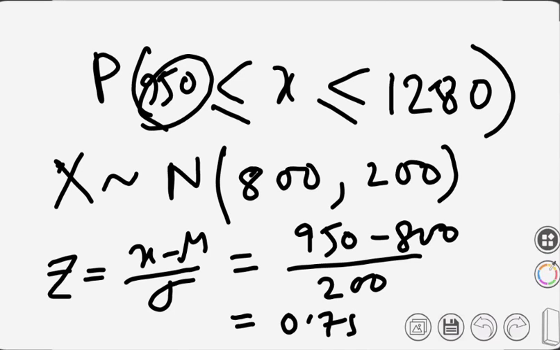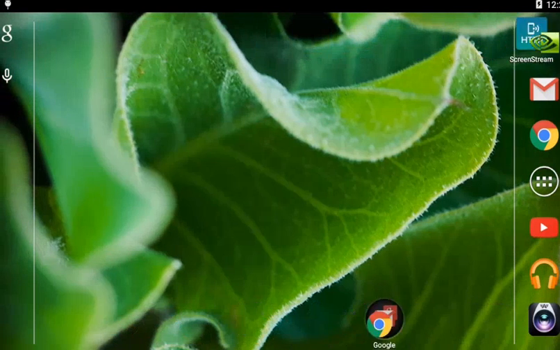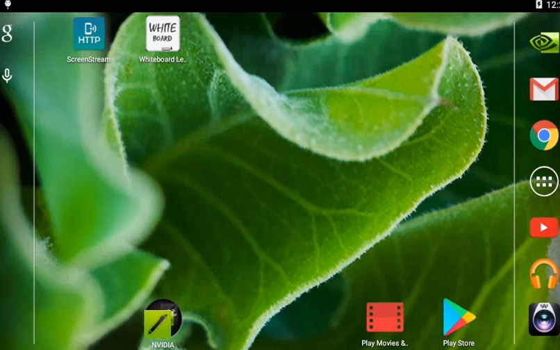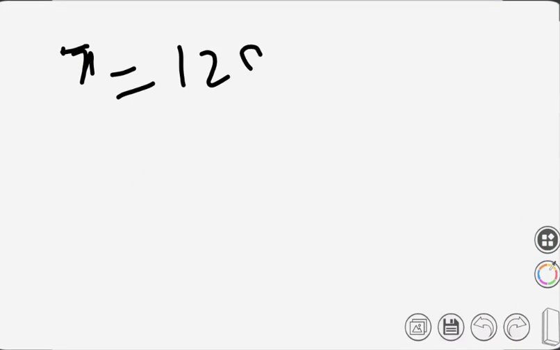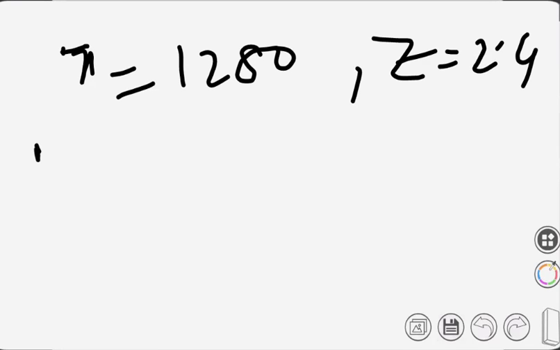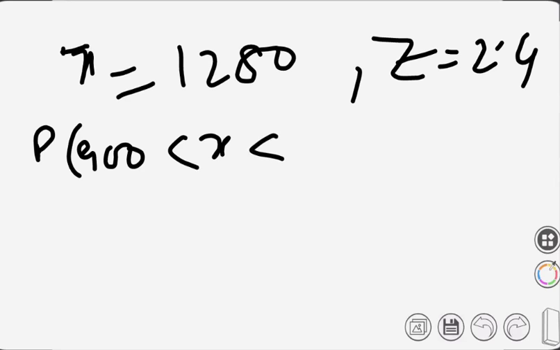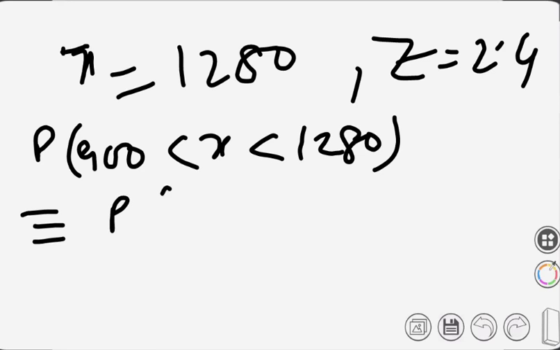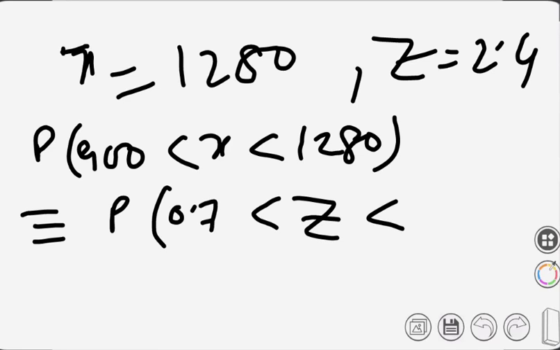And for X equals 1280, Z comes as 2.4. So probability X lies between 950 and 1280 is equivalent to probability Z lies between 0.75 and 2.4. Do you agree up to this?